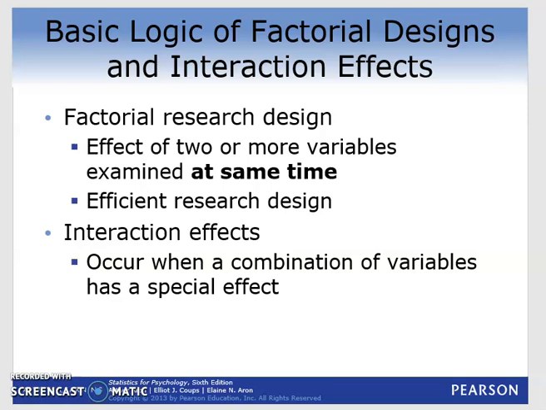And then you get the bonus to identify, is there something unique happening at the level of one IV that's dependent on or connected to the other IV? So for example, with my gender and exercise on stress study, is there one type of exercise that might be more beneficial for one gender compared to another?